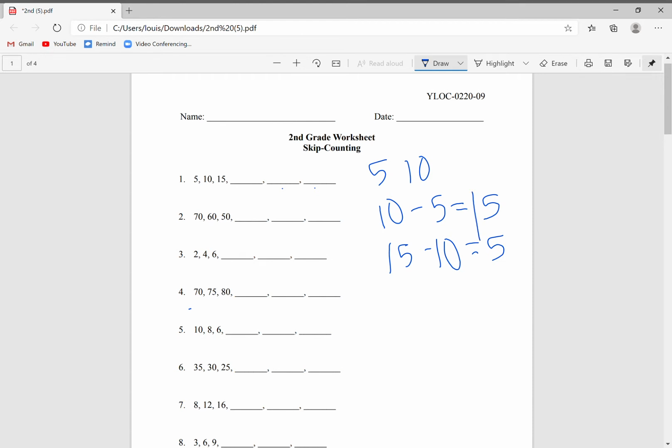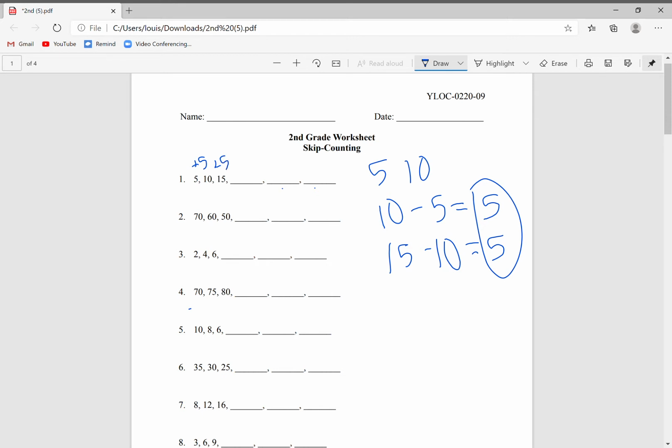Now we see that both are equal to 5, and this means that in order to get from 5 to 10 to 15, all of them had to be added by 5. So 5 to 10 is plus 5, and 10 to 15 is also plus 5.